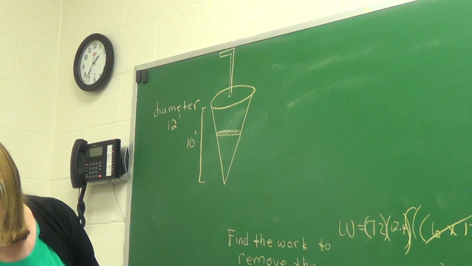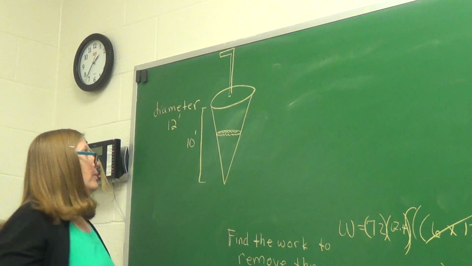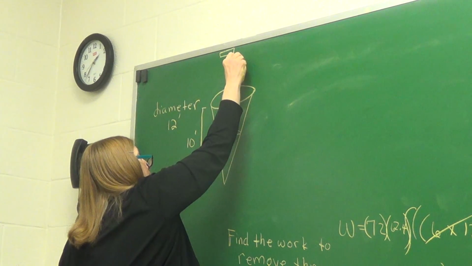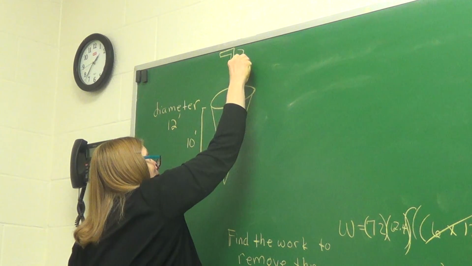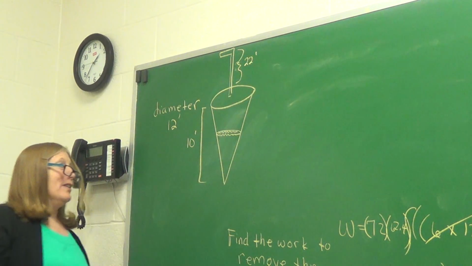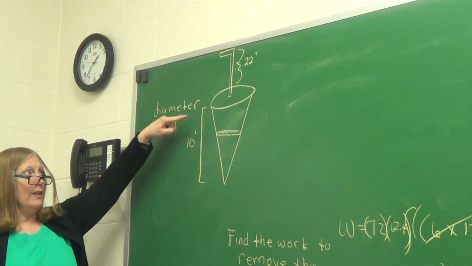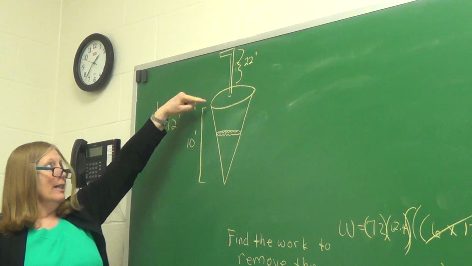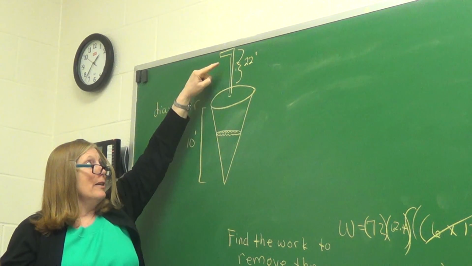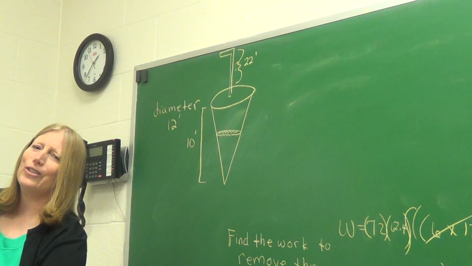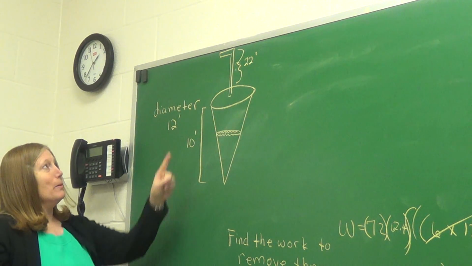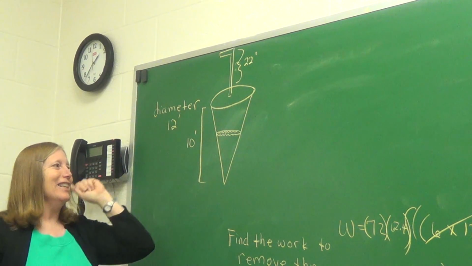That pipe will extend, say, 22 feet from the cone's top. I didn't draw this to scale, I ran out of board. So we've got 10 feet to the top of the cone, and then 22 more feet. Imagine it going up where I can't reach.